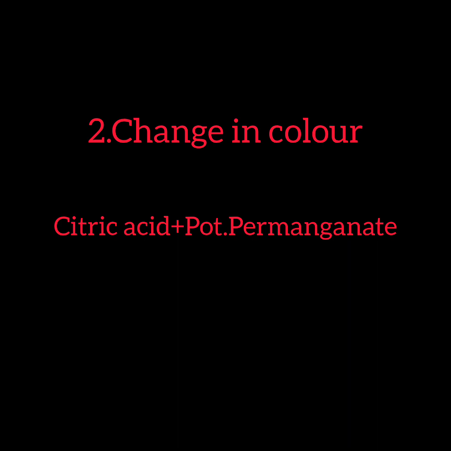Second one is change in color. Consider the reaction between citric acid and potassium permanganate. So here color changes from purple to colorless. We know that potassium permanganate is purple, but after the complete addition of citric acid, we will get a colorless liquid.